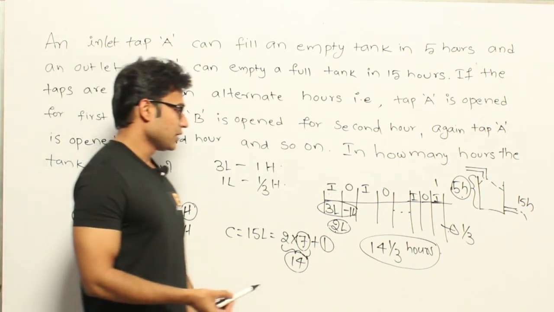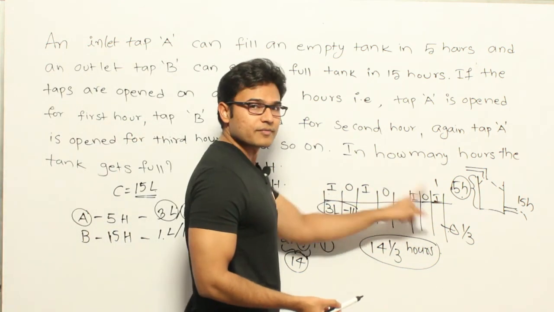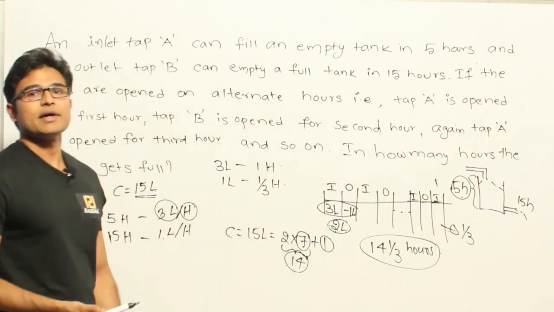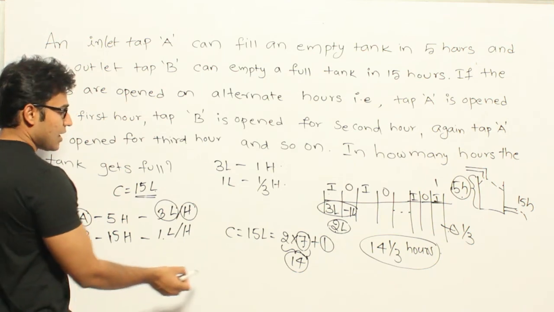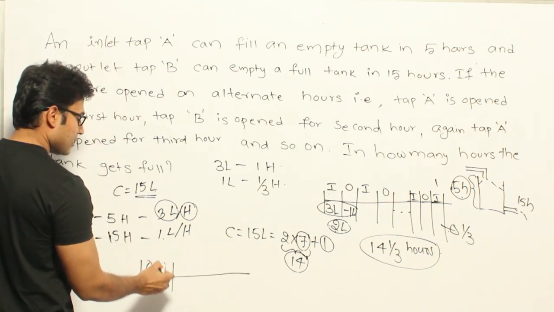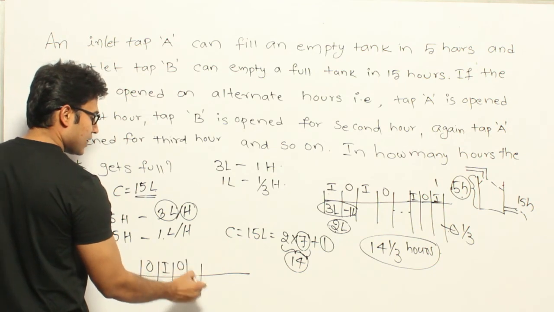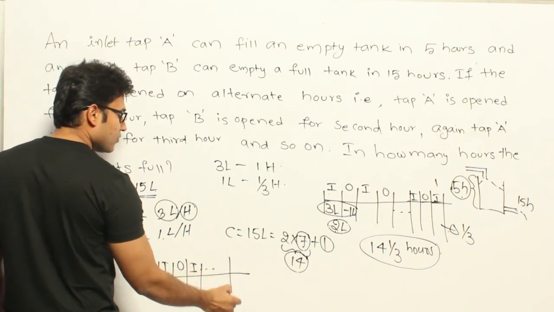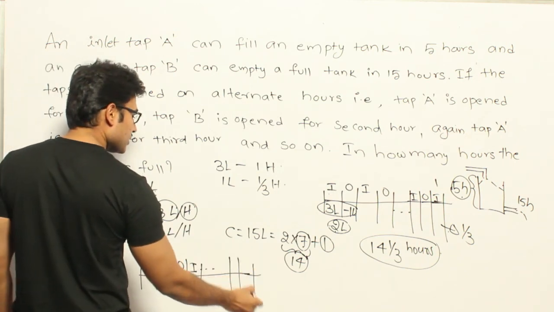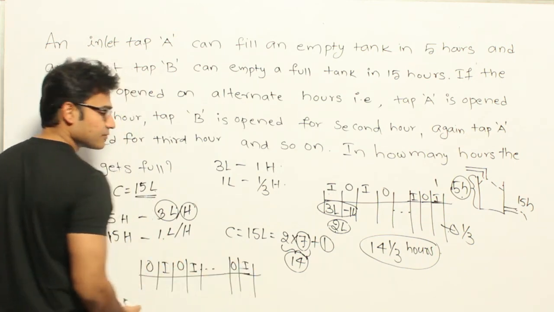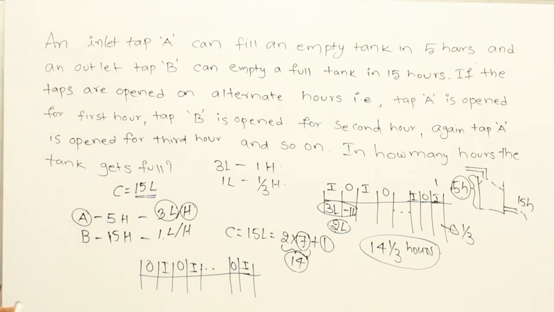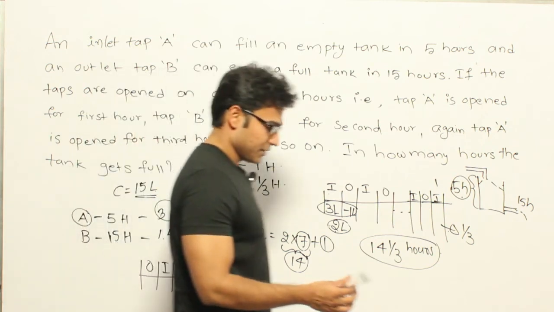One more thing: instead of the order inlet then outlet, let's imagine the order is outlet and then inlet, outlet and then inlet. Oh, this way we cannot go. Why can't we go this way?